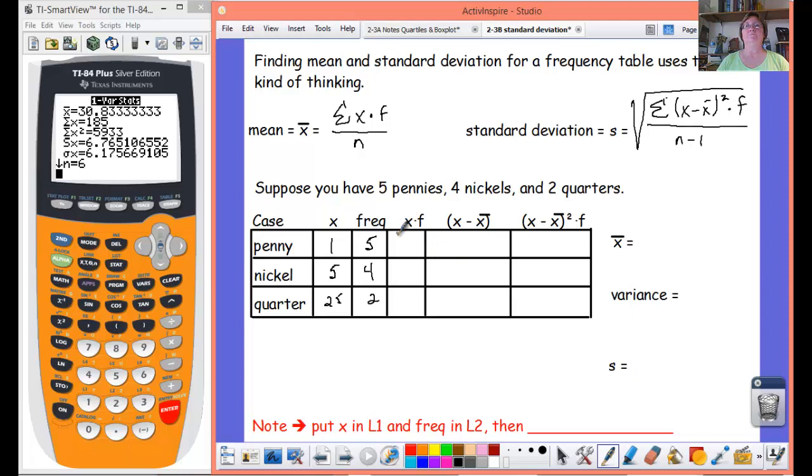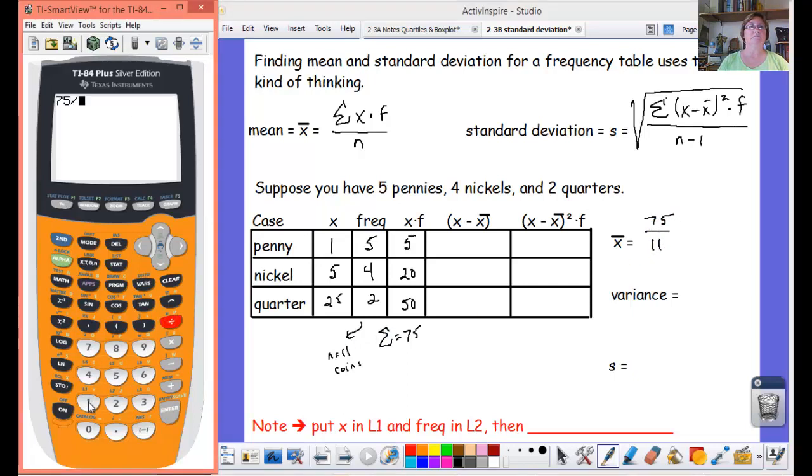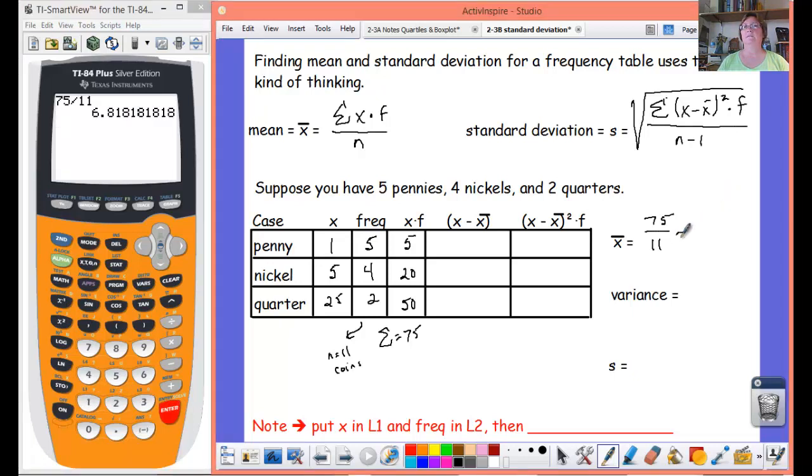I'm going to go ahead and work out the rest of my table following the formulas that I have above each column. I've multiplied each data value times its frequency, summed them up, got 75. We have 11 coins altogether, so the mean of our frequency table will be the sum of xf's, that's 75, divided by the number of coins, 11, and 75 divided by 11 is around 6.82.